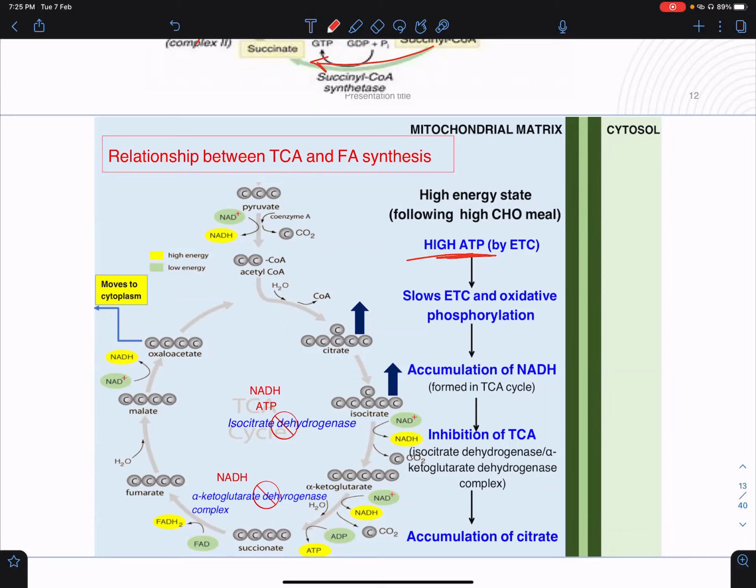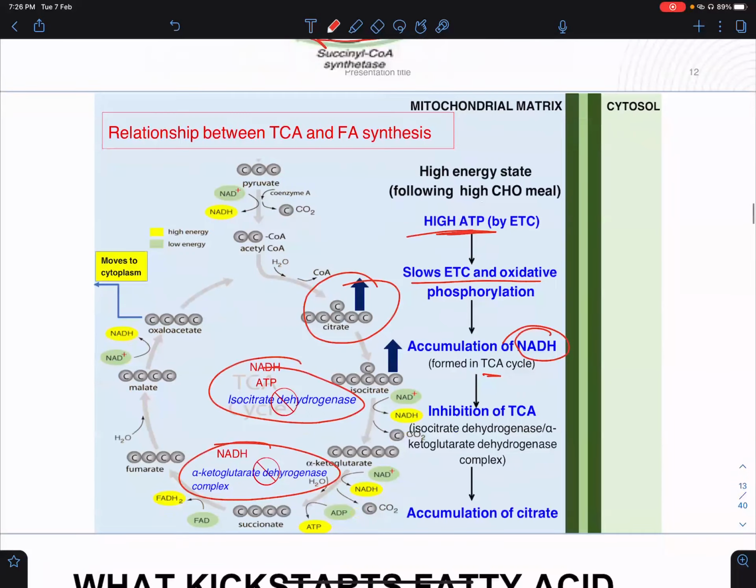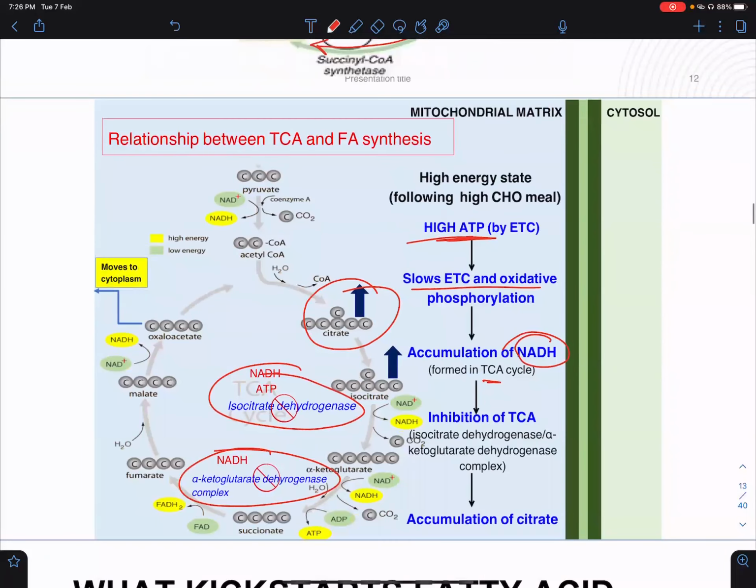Why should I make more? So it's going to slow down. When it slows down, you're going to have accumulation of NADH, which is formed by the Krebs cycle. This is going to accumulate and inhibit the enzymes of the Krebs cycle, which leads to the accumulation of citrate. Is this part clear? Yes, thank you.